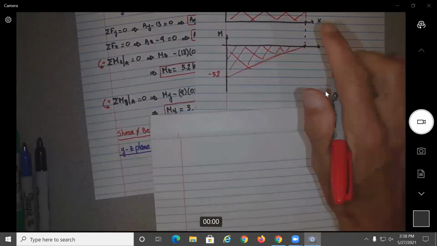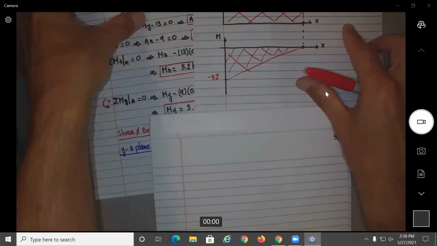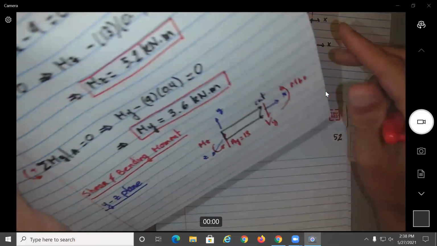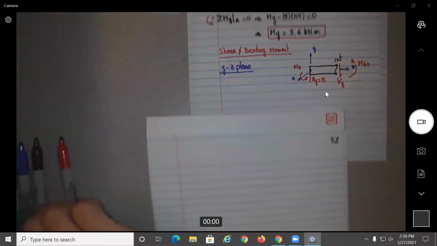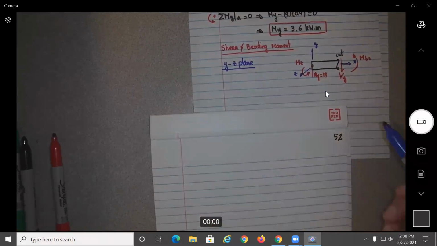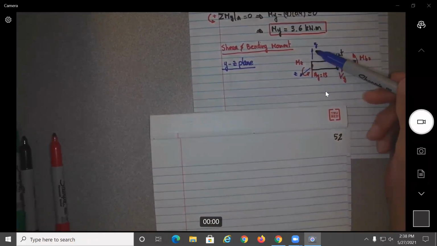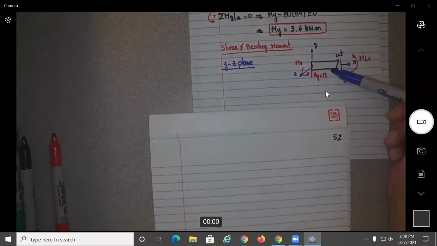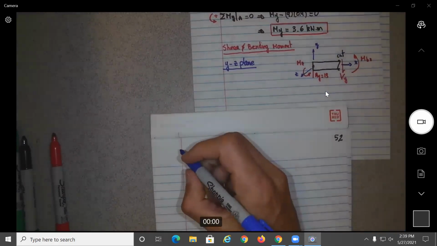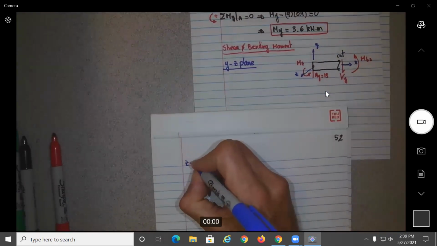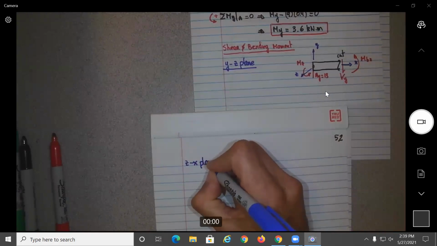We follow exactly the same procedure, but this time instead of the YZ plane, we're gonna have to look at the XZ plane, no? Because this will be curving in that direction, so ZX plane or XZ plane.